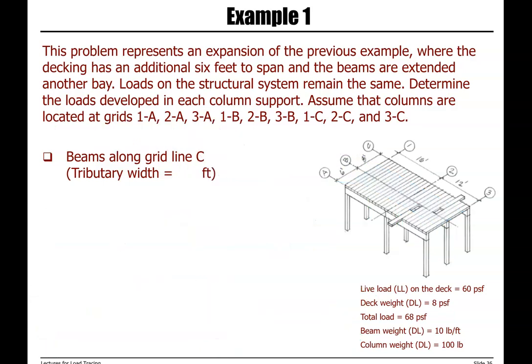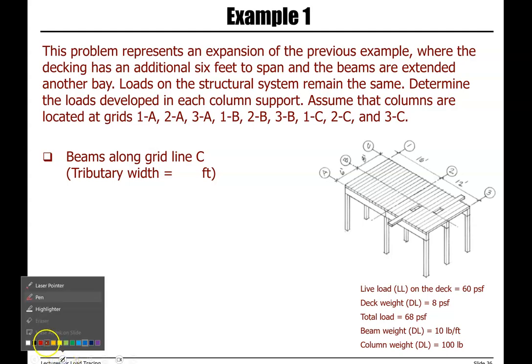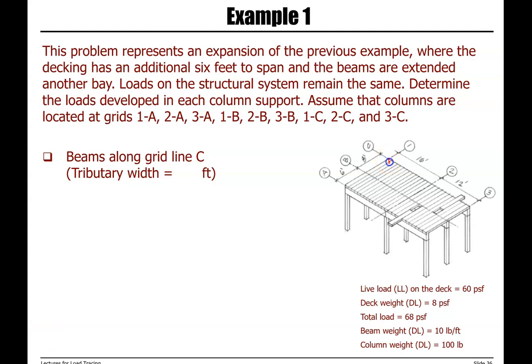You can pause the video and try to do the calculation as a practice. Do the calculations to find the reactions or the loads transferred to column C1, column C2, and column C3.